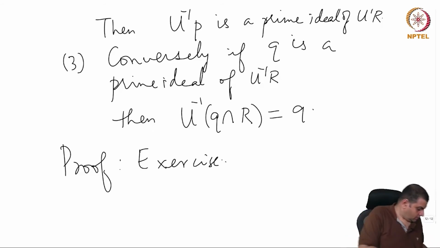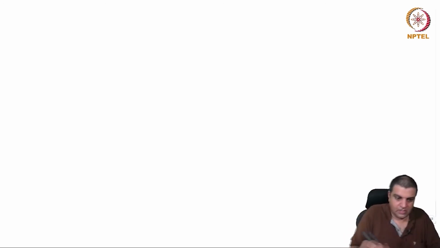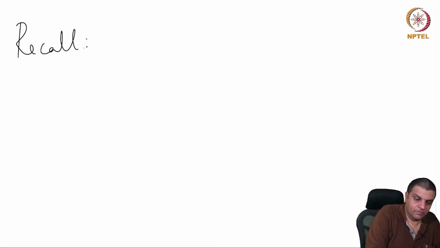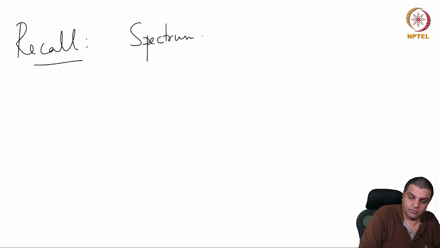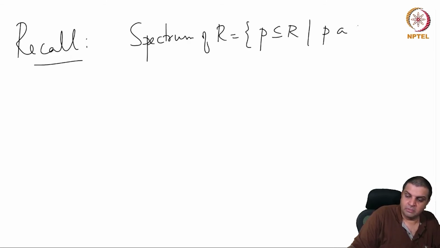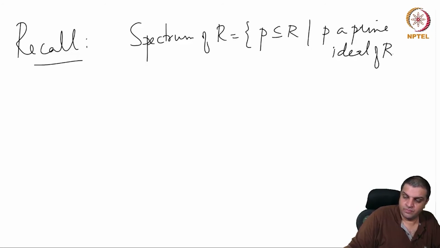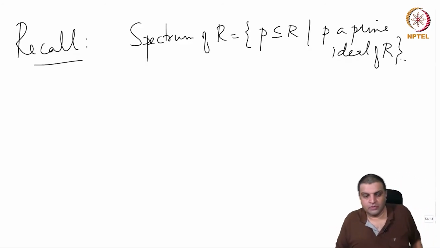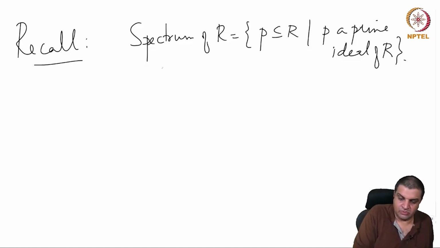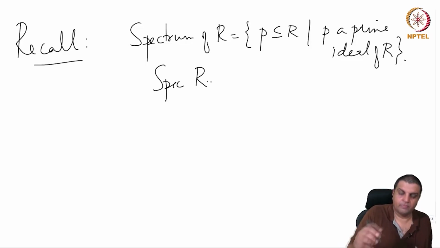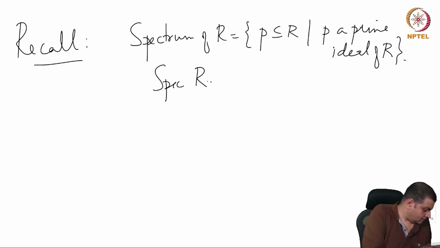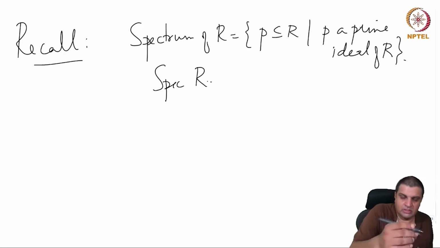Okay. So the point that one gets from these is the following. Recall that what we called the prime spectrum of R is the set of prime ideals of R, which we denote by spec R. You did this in the exercises. Now, what does the previous proposition say?